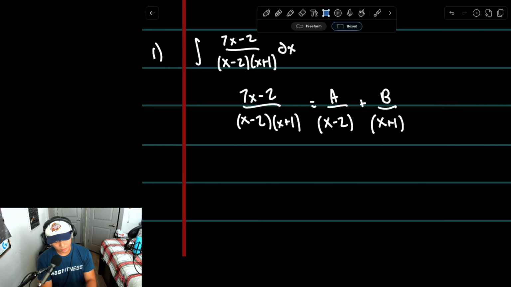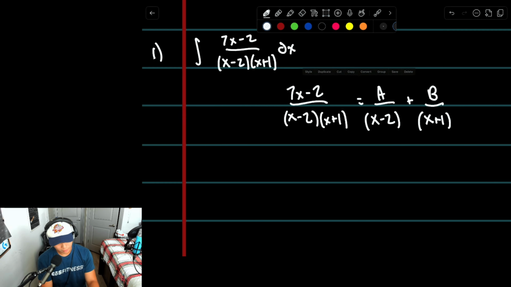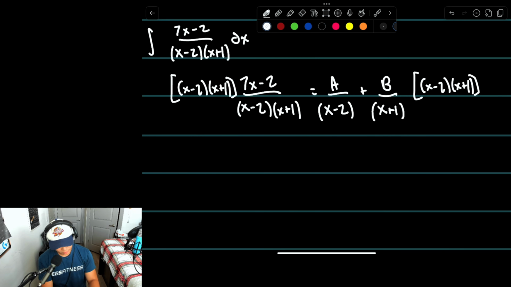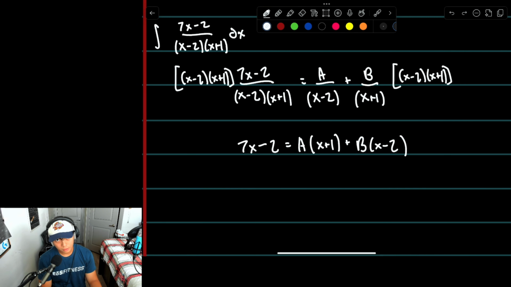And this is all just algebra. So our next step would just be to multiply both sides by the denominator of this first part, which is x minus 2 times x plus 1 on each side. On the left side, the denominator would just cancel out completely, and on the right side, you would just be left with a times x plus 1 plus b times x minus 2. Now the next thing you do is to try to get one of these values to equal 0.